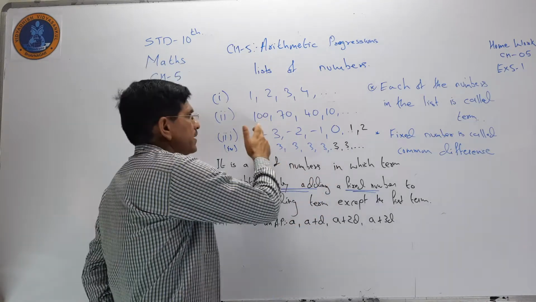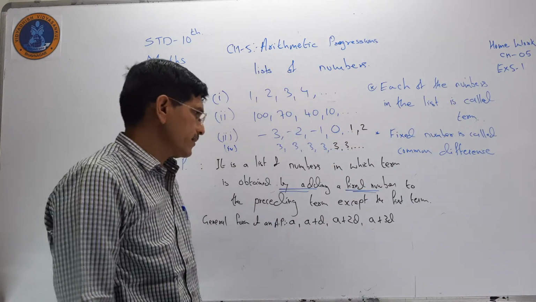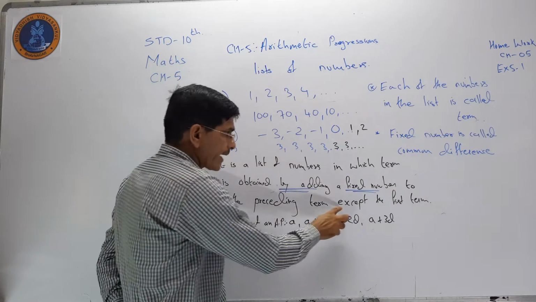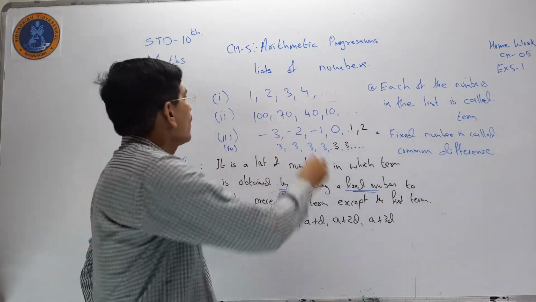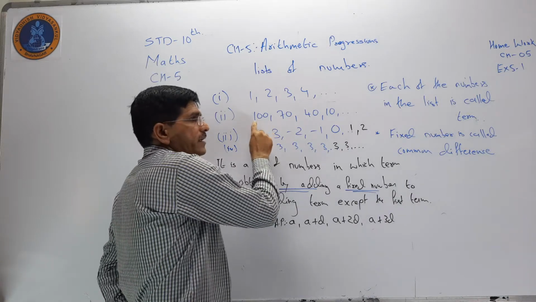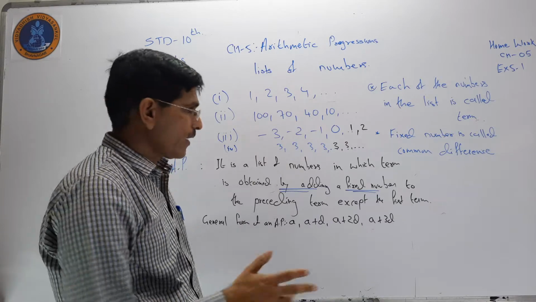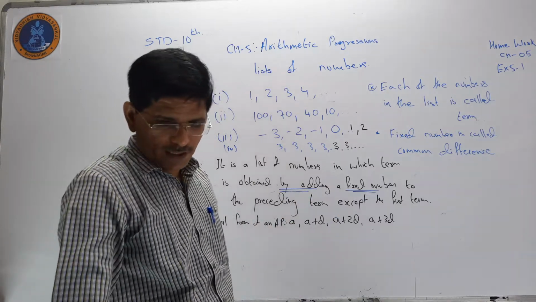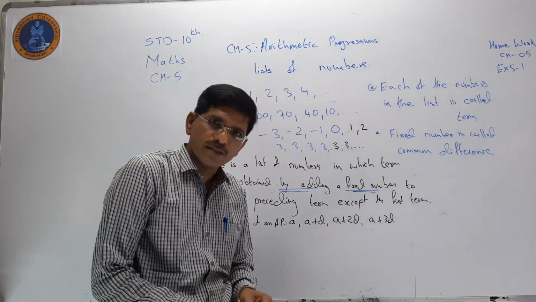After 100 comes 70, after 70 comes 40, after 40 comes 10. This is except the first term, because to the first term we cannot add the fixed number. 100 is the first term, so we cannot add it there. After that, to every term we add it. This is related to the definition of arithmetic progression.